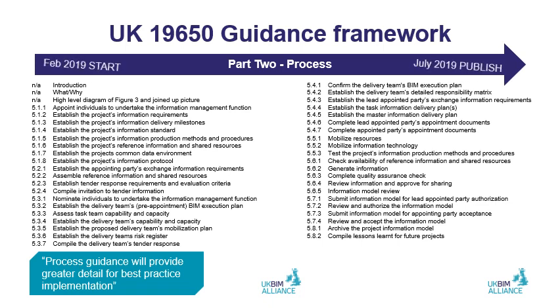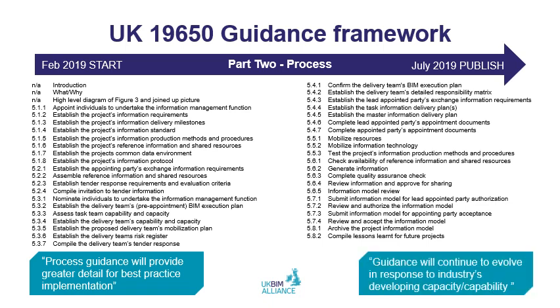This guidance will be published in July 2019, and as you can see, there's quite a bit of work to get through. However, this is on the way and on target, on programme. And this guidance will continue to evolve in response to industry's developing capability, understanding and capacity.